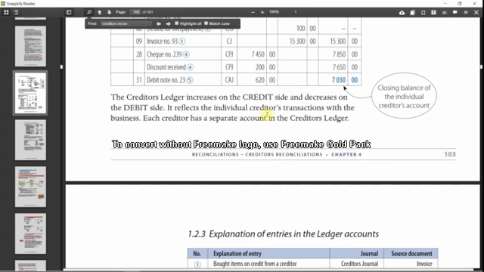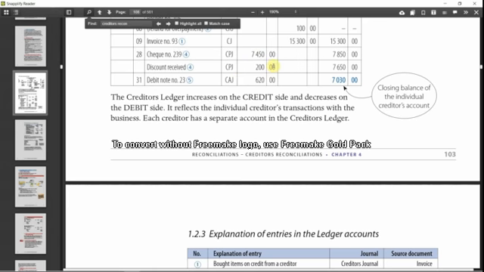Now sometimes when we pay, we also pay early and we will get a discount. So we usually split between the actual amount that we paid according to the check and then the discount that we receive, which we both record in the CPJ.